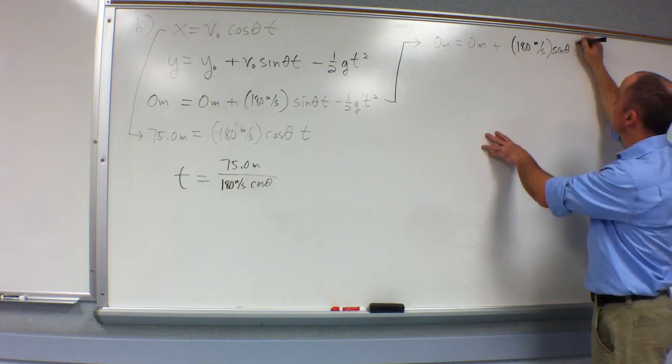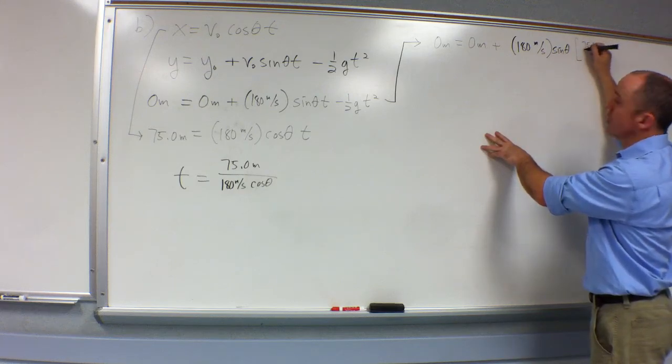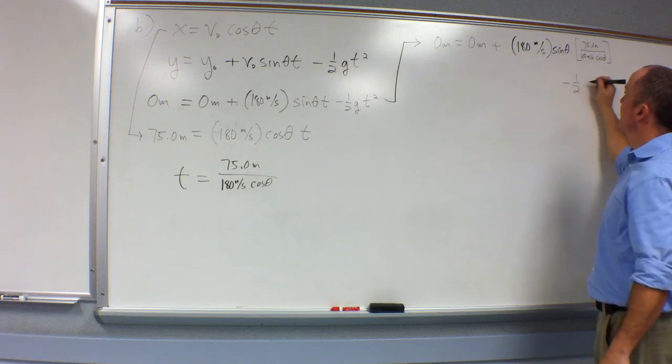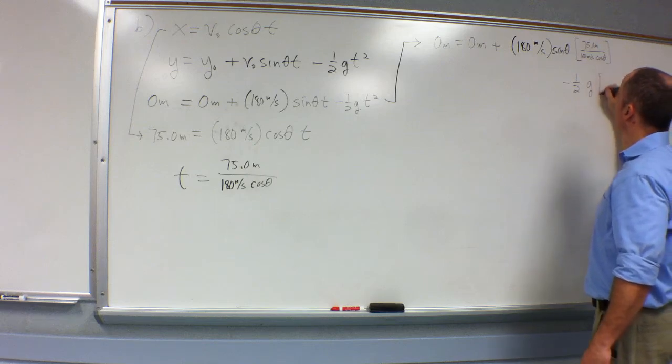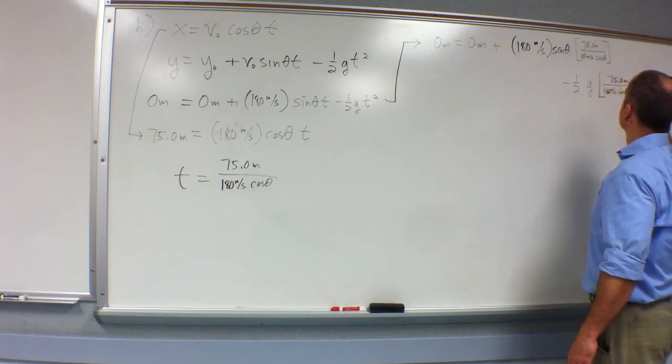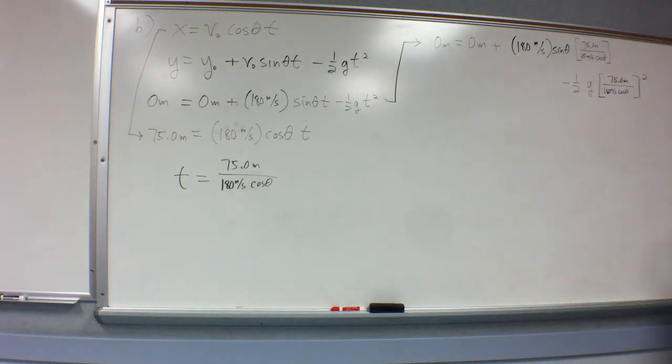Instead of time, I'm going to write 75.0 meters divided by 180 meters per second cosine theta, minus 1/2 g, gravity, times 75.0 meters divided by 180 meters per second cosine theta, squared. Any questions on how I plugged that one in? You guys good with that?